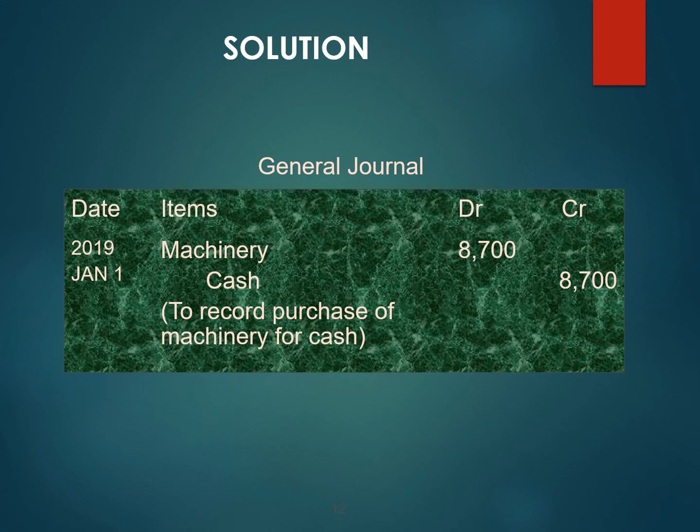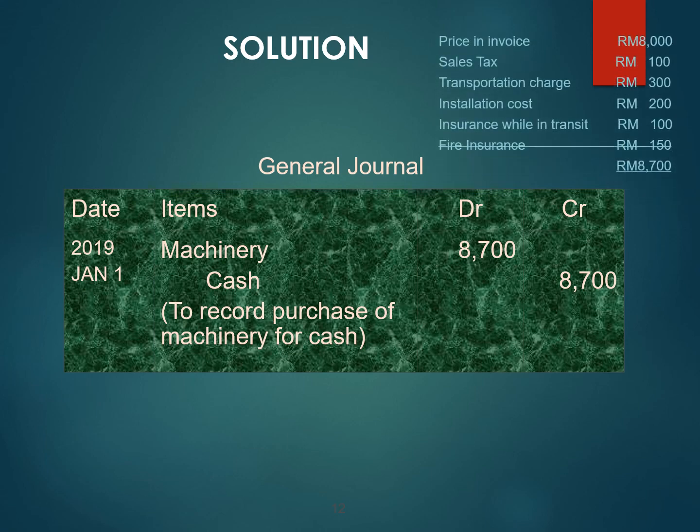Okay, remember the previous slide showed that we calculated the cost as 8,850. But why do we write 8,700 here? This is because we have to identify from the listed costs which is the revenue expenditure and capital expenditure. And we go through all the costs listed.